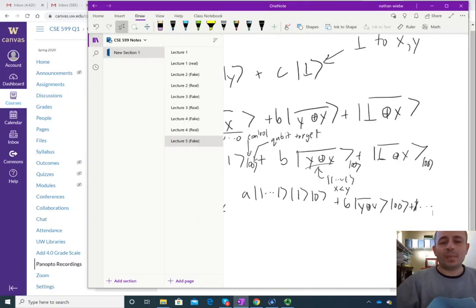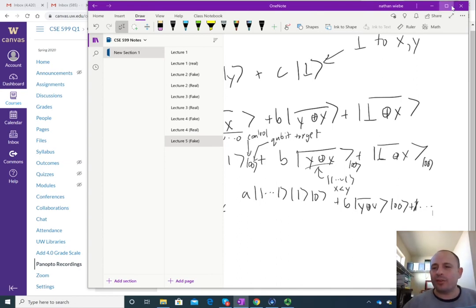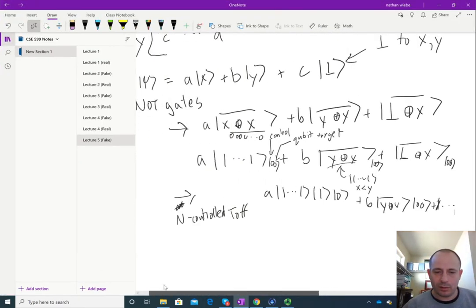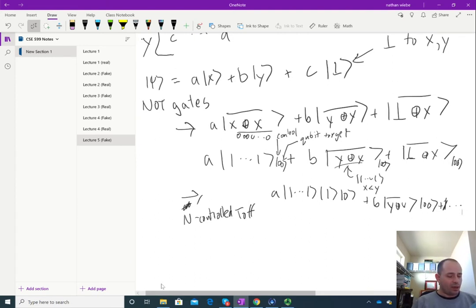Now, that is the first part of the construction.